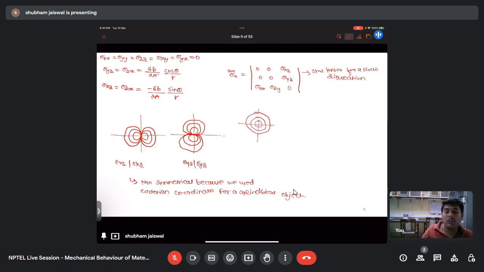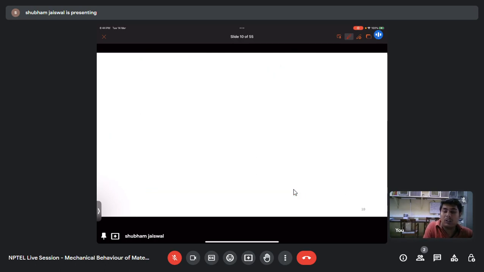So now if we find out using the same way for the edge dislocation, we'll get an equation something like this. Stress and strain around edge dislocation.